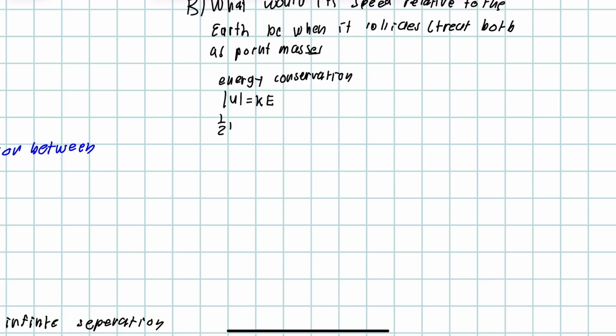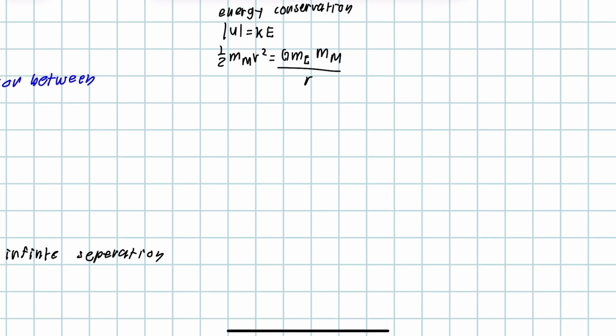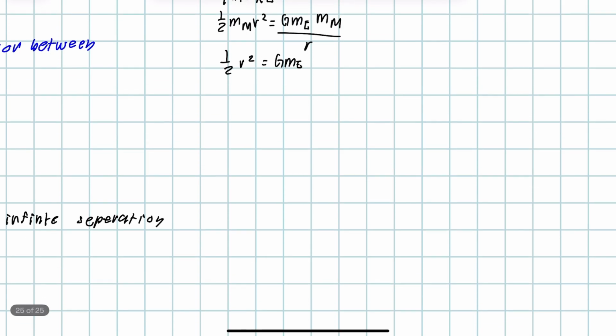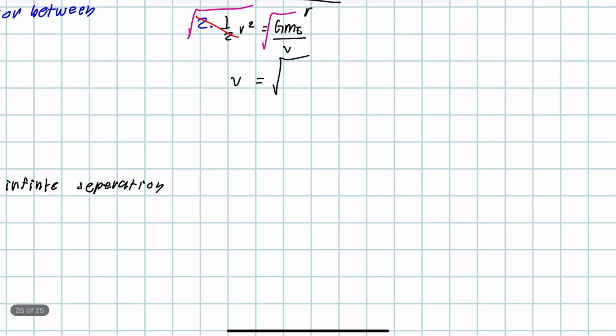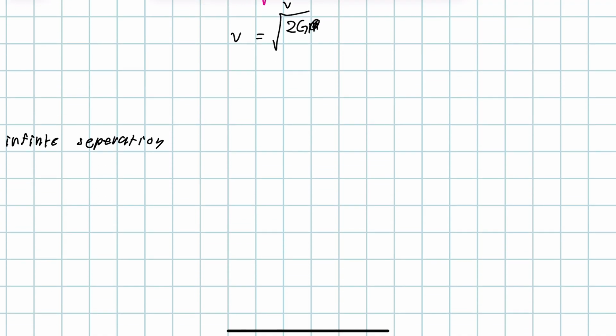So that's going to be 1/2 M_M V squared equal to G times M_E times M_M divided by R. So 1/2 V squared is going to be G times M_E divided by R. Then solving for V, you multiply by 2, the mass cancels out, then you take the root of both sides. We have that the square root of 2 G M_E divided by R is going to be equal to our velocity.